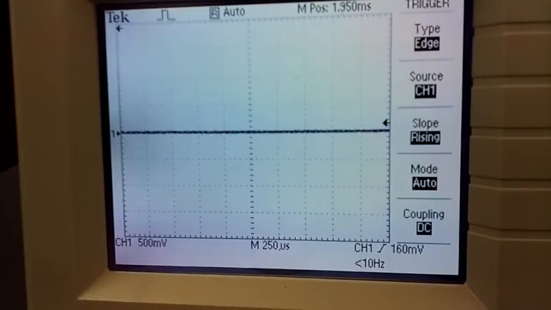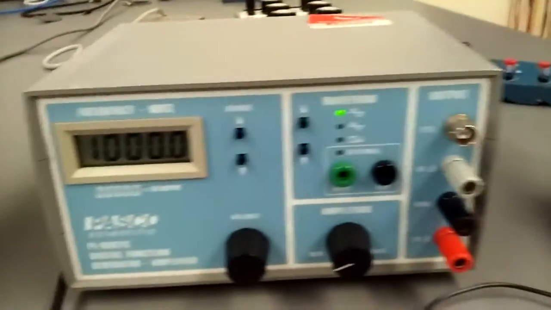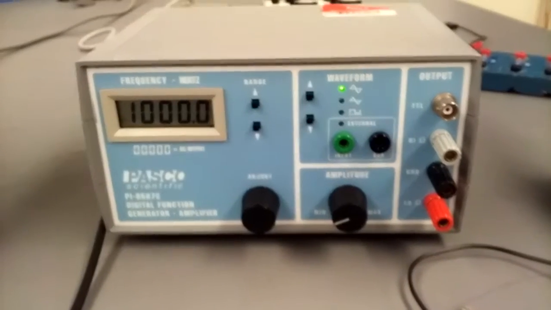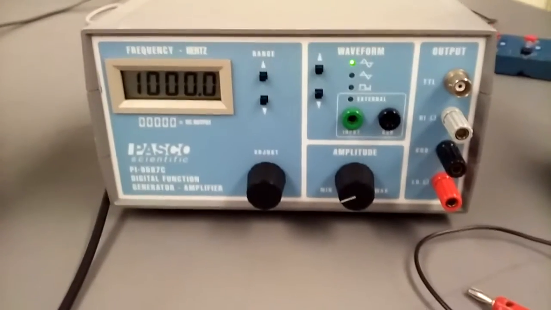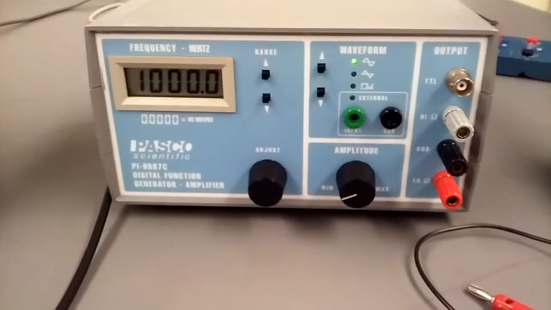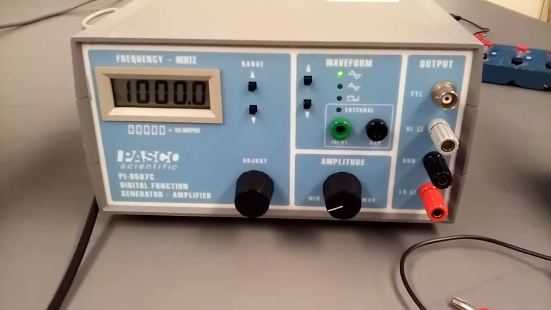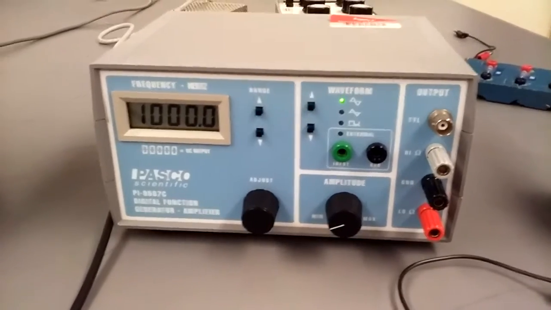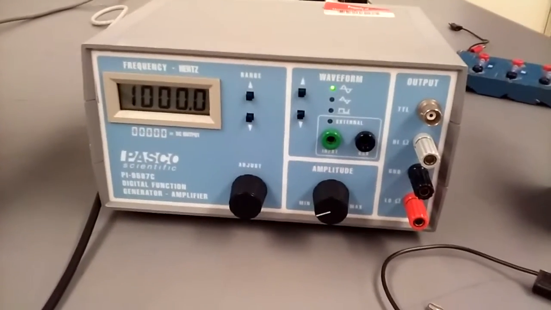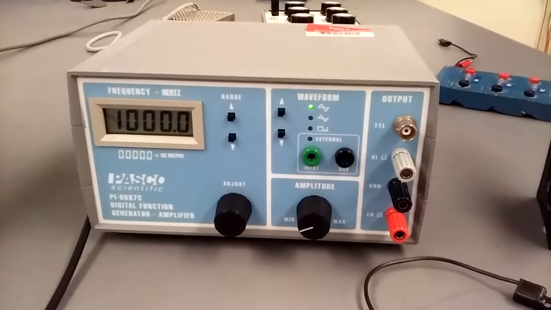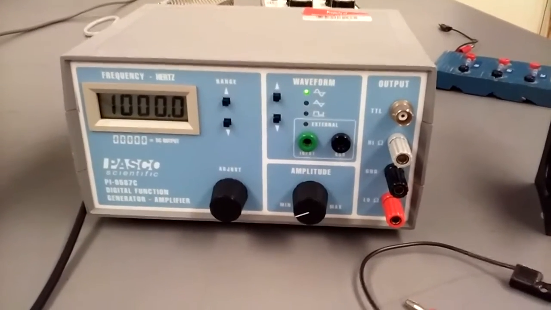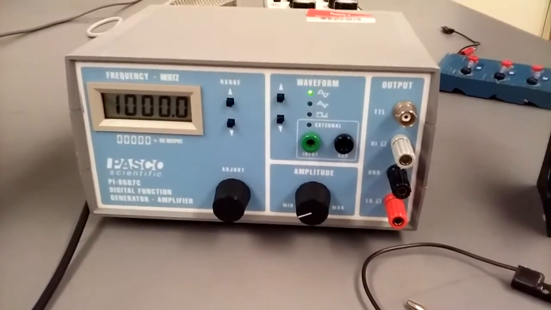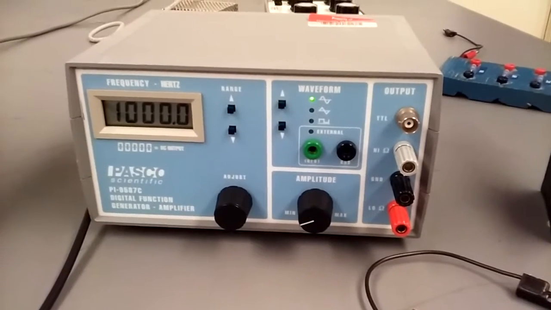So right now we're not connected to anything, but let me show you one other piece of equipment here. Okay, this is the function generator. So it's your power supply in this experiment. But one thing that's different from other power supplies we use is it puts out AC voltage, which means voltage that changes in time. The most familiar example of that would be a sine wave voltage, like what comes out of any ordinary household wall outlet.